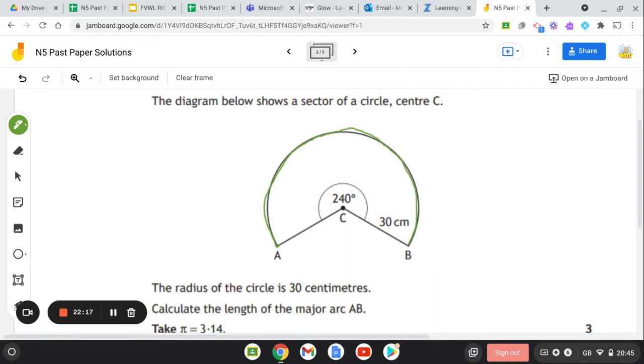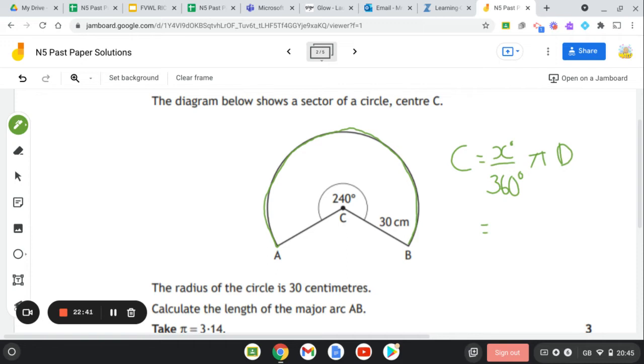You have to go into your exam having memorised the formula for that: C equals x over 360 degrees times pi times the diameter. Get your formula, allow yourself time to think, get your formula written down, and then go on to your substitution line.